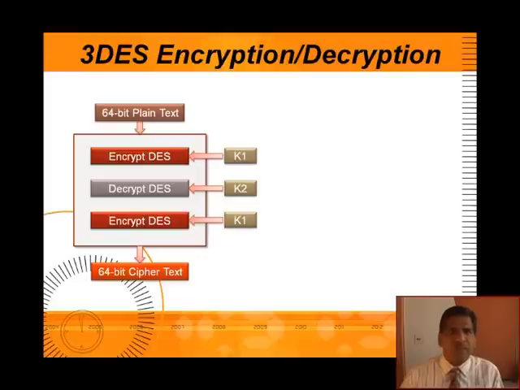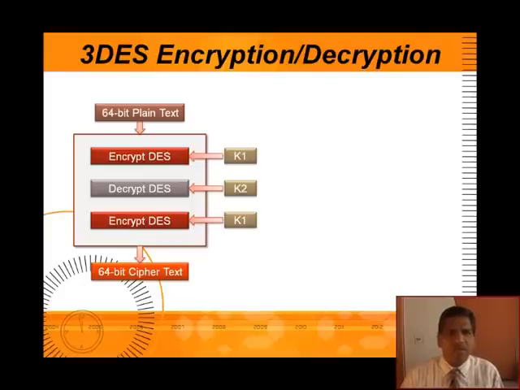In the first set of 16 rounds, what is used is key 1. This is also a 56-bit key. In the second set of 16 rounds for decryption, again a 56-bit key, but a different one, K2, will be used. And in the third set of 16 rounds, you can either use K3 or you are also allowed to make use of K1.